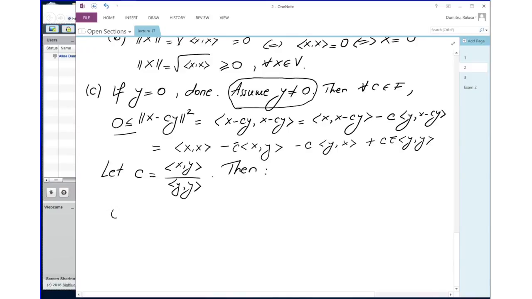Okay, let's see what happens when you replace c by this. So 0 is less than or equal to the inner product between x and x, which is just the norm of x squared. What is c bar?